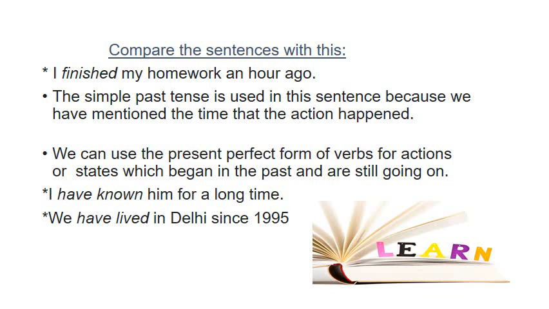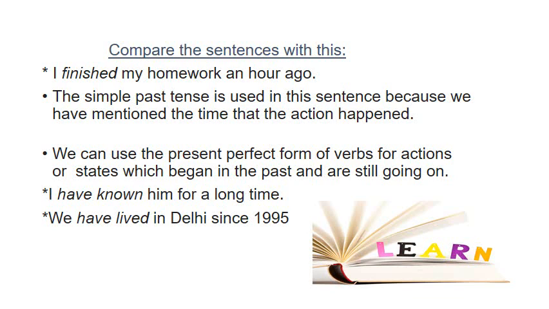Now we will compare the sentences where we have to use simple past tense and where we have to use present perfect tense. So here we will see I finished my homework an hour ago. The simple past tense is used in this sentence because we have mentioned the time that the action happened.